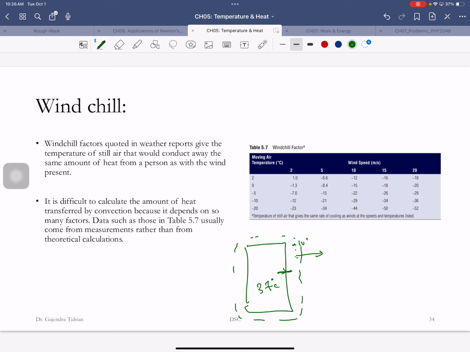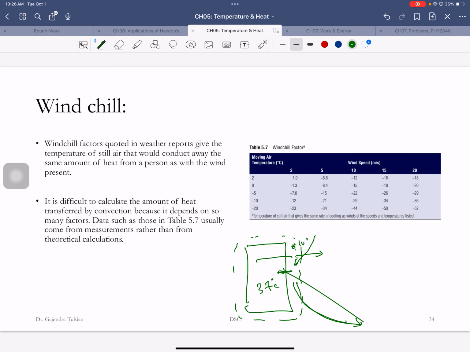Now, if there's a wind blowing, this warmer air will move away and wouldn't conduct as much heat. You replace it with cold air, and then you lose more heat. So when it's windy, you're losing more heat.